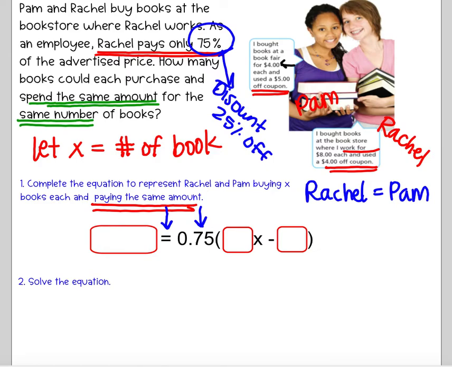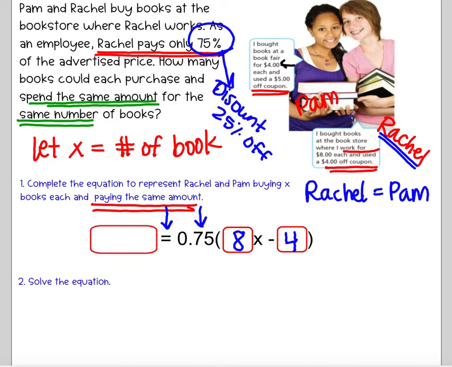So if Rachel works at the bookstore, she pays $8 each book. How do I represent $8 each book? 8x, and she gets $4 off. So we're going to take away $4.